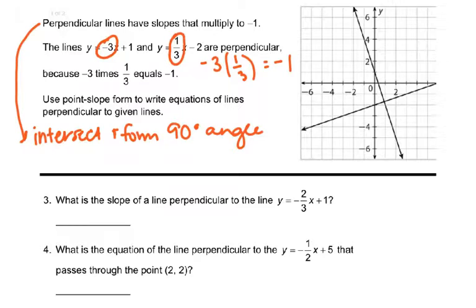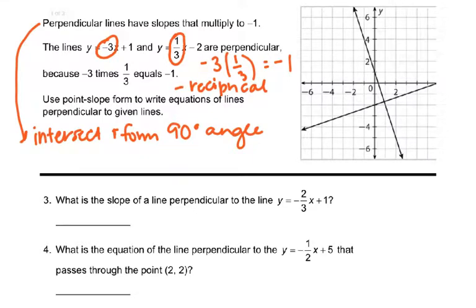Basically, what else that means is that the slope of a perpendicular line will be the reciprocal. Okay? And the reciprocal is, if you remember, like flip it, change it, right? So it's going to be the negative reciprocal.